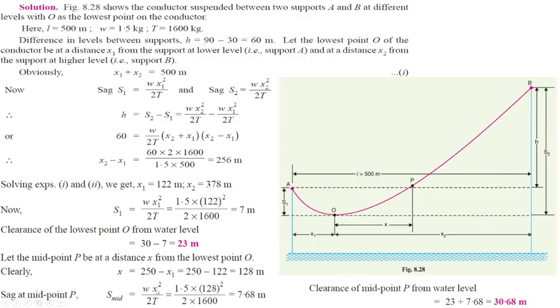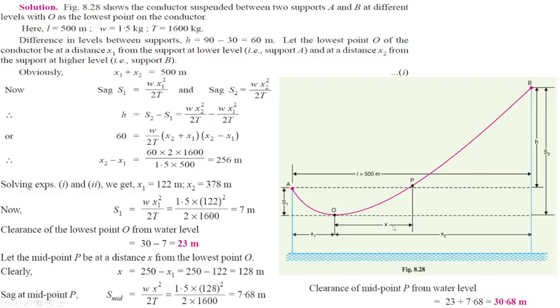So how can I find the x? x is from this point to here, equal to 250, right? We find x1 from here, so 250, and x1 is equal to 122 meters, right?